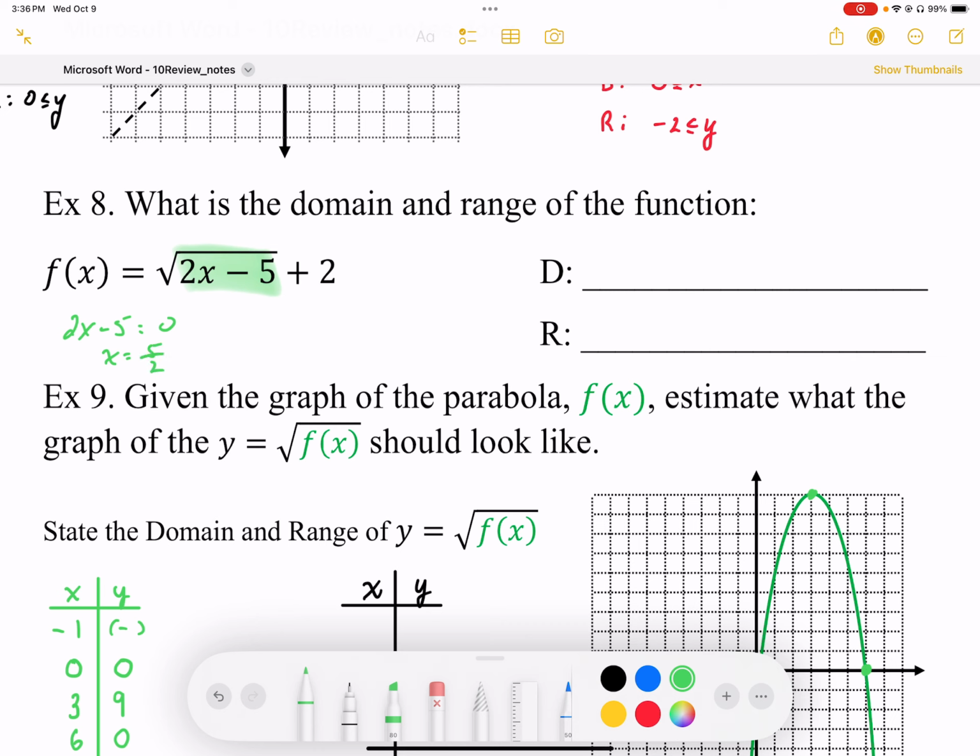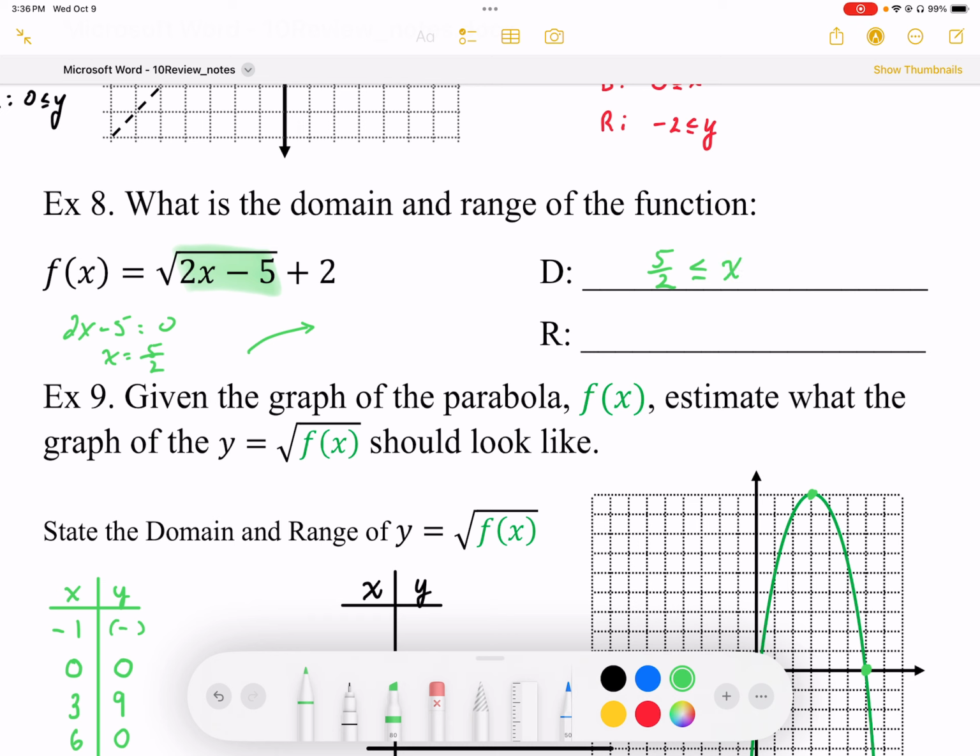So we know that the boundary is going to be 5 over 2. And because this is a graph that opens to the right, we know that the x values of that domain should be greater than or equal to that.